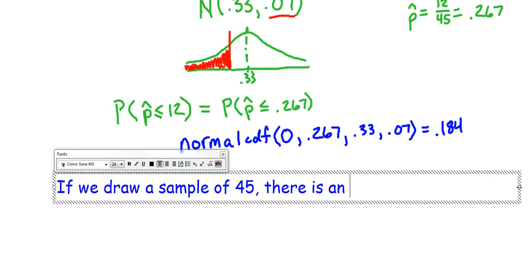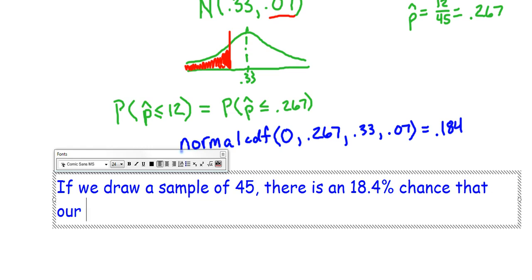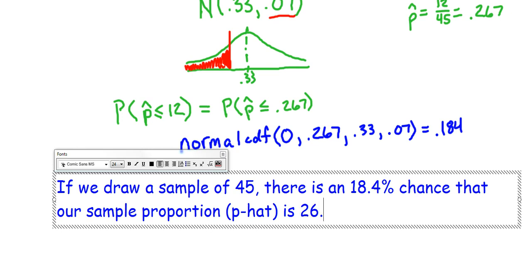So if we draw a sample of 45, there is an 18.4% chance that our sample proportion, or p-hat, is 26.7% or less.